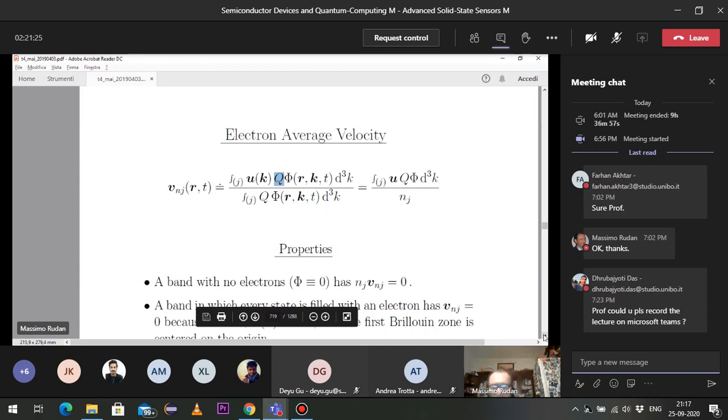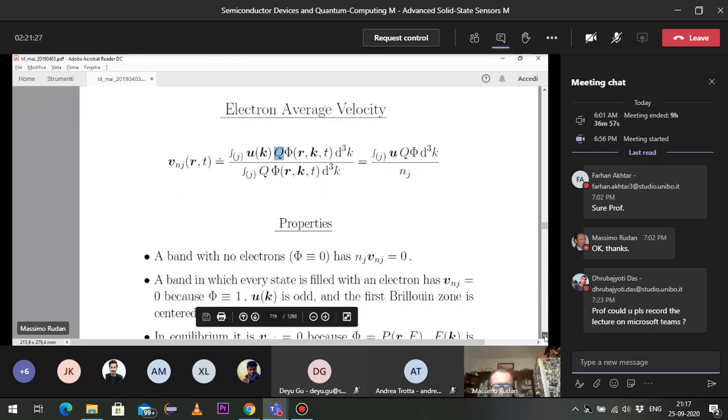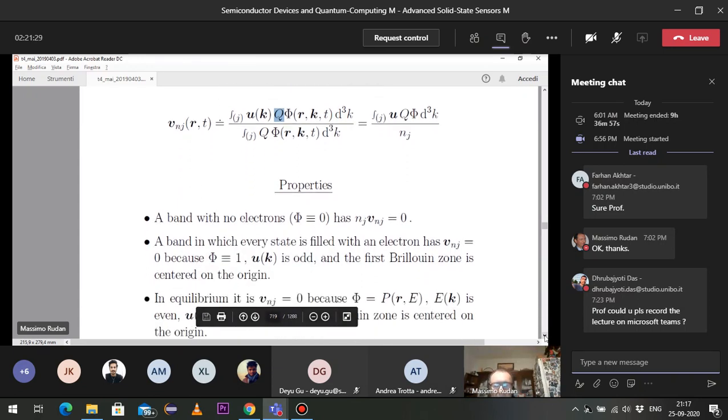So now we can specify some properties, okay? One property is obvious. If we are considering a band with no electrons, okay, that is a band in which every state is empty, then for that band, the probability phi is identically equal to 0.